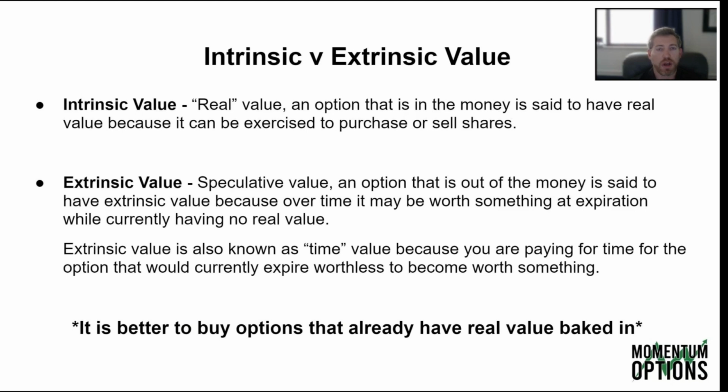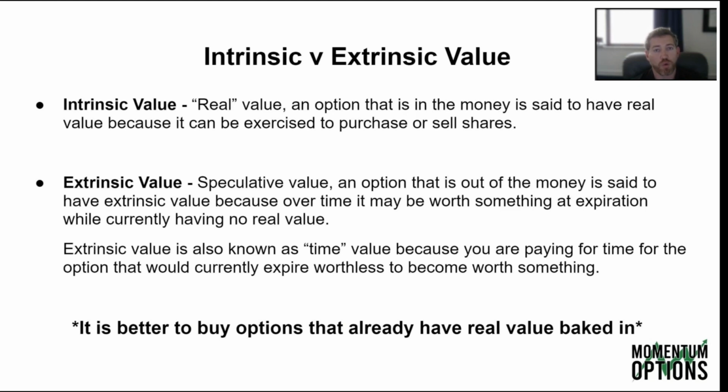Because these options, 50 delta particularly, already have some real value baked in. And once price starts to move in your direction, these are the options that get in the money, then deep into the money. These are the options that will have real value if your trade works. If you're trading options that are purely speculative, if your trade works, the option still might have zero value at expiration.